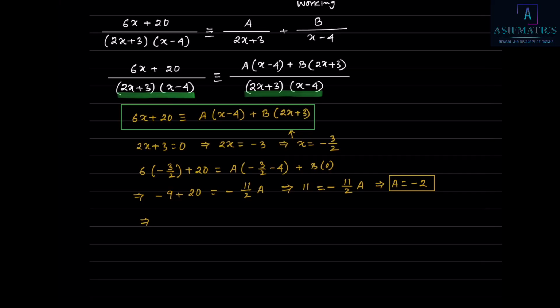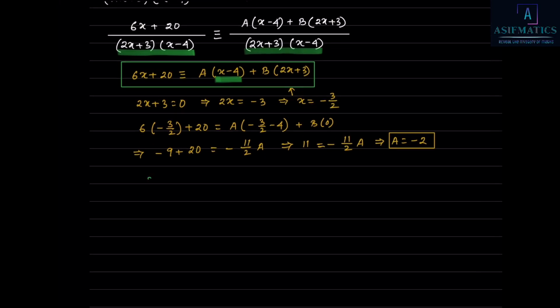Now we need to find the b value, and the easy thing is to take this factor, x minus 4, to be 0. So x minus 4 equals 0, or x equals 4. So we have 6 times 4 plus 20 equals a times 0 plus b into (2 times 4 plus 3).